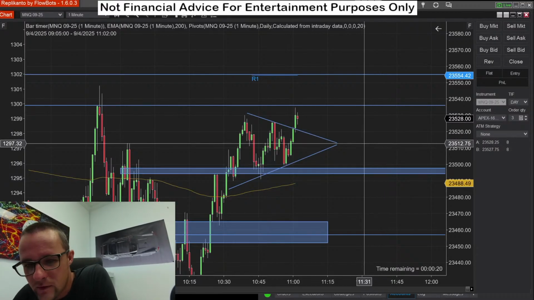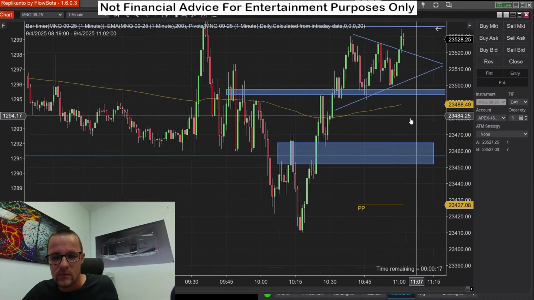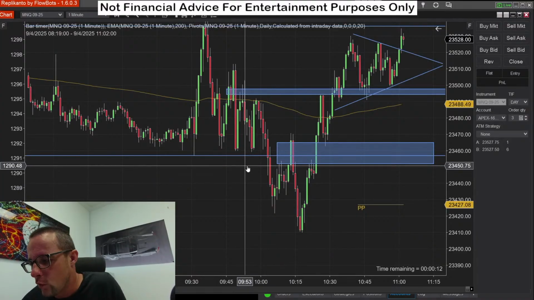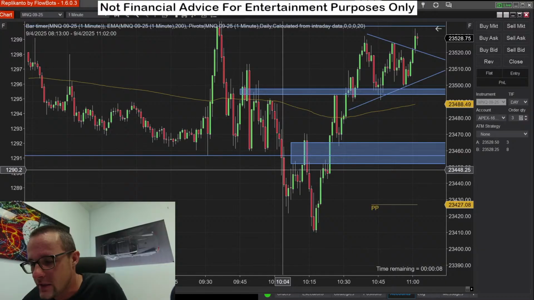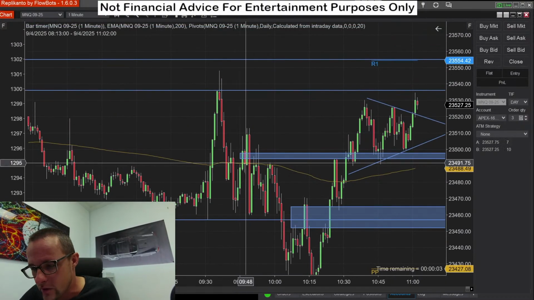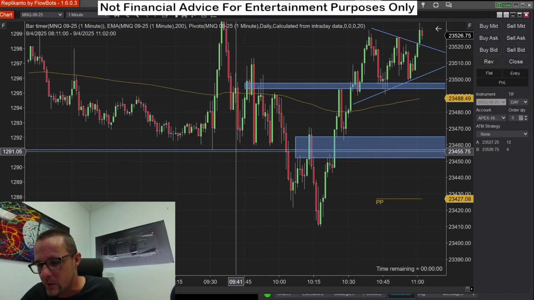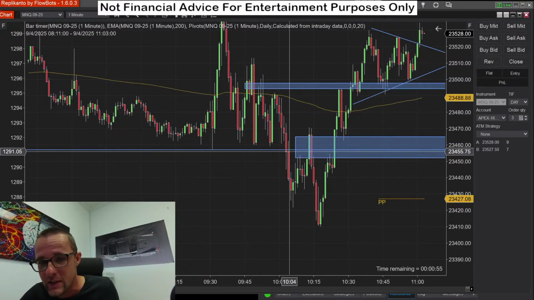How do you tell that? For example, this trade down here. I said exactly what I was waiting for. These two lines are the 5-minute range: the top and the bottom of the first 5-minute range of market open. I said I'm going to wait for price to break through.